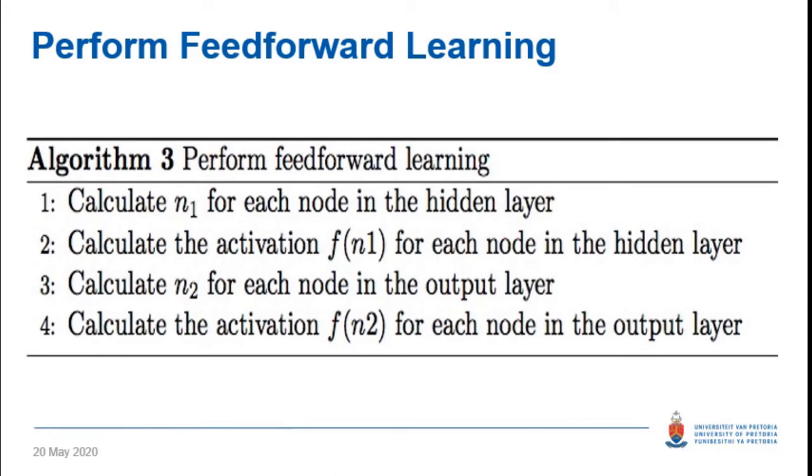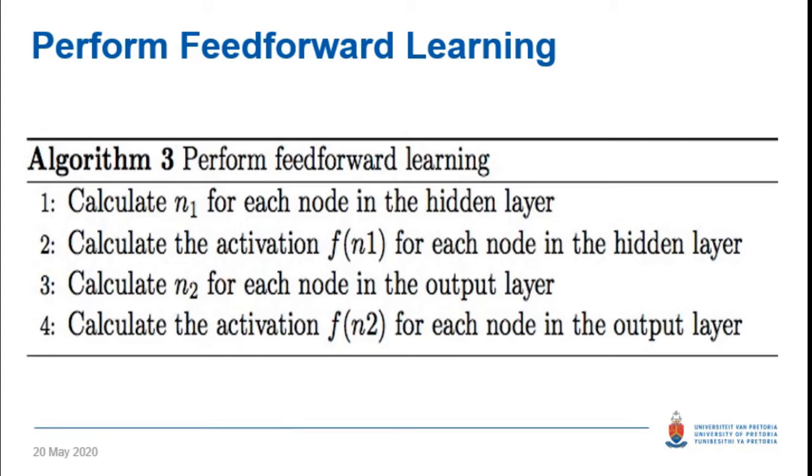So that's basically the first part of the algorithm complete, looking at performing your feed-forward learning. For each node in your hidden layer, you're going to calculate the N1 that we just looked at, and then you're going to apply F, the activation function. And then you do the same thing for the next layer.